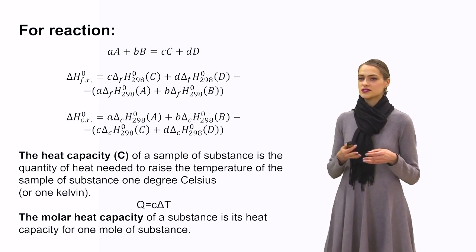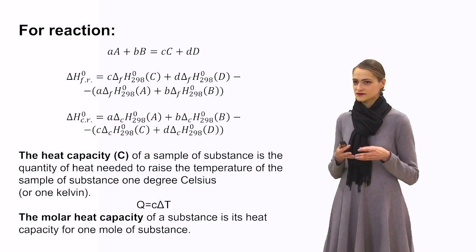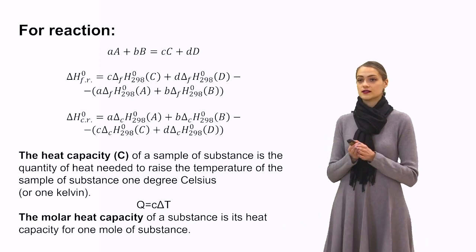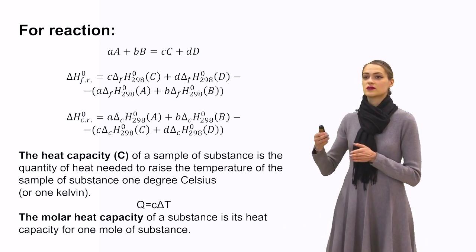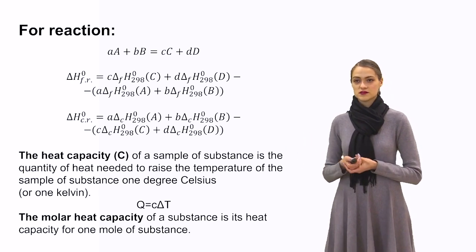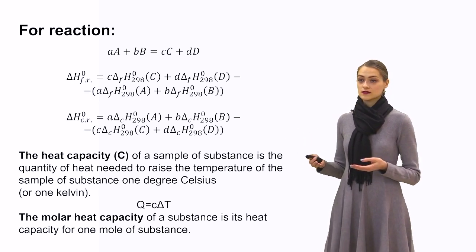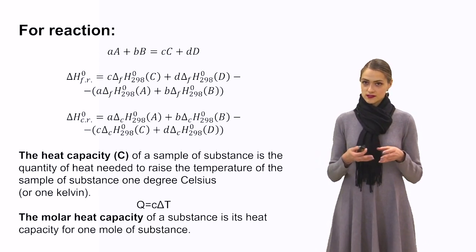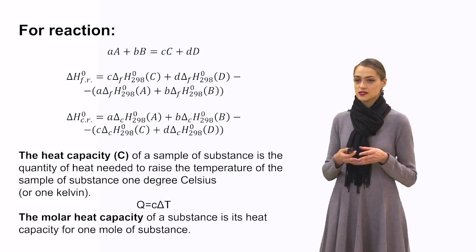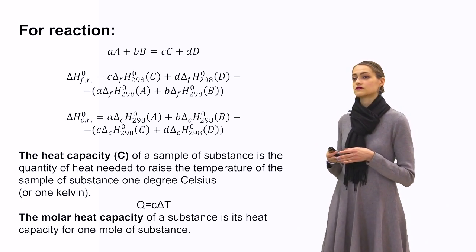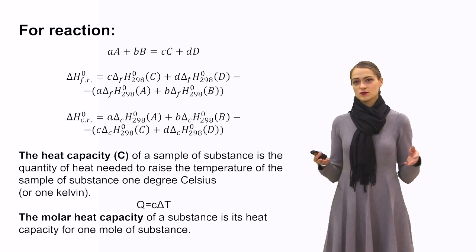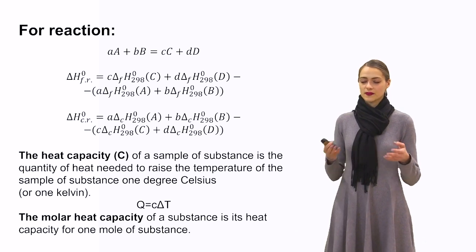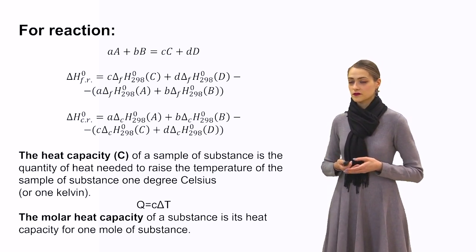You see, we take C moles of substance C and multiply it by the standard heat of formation for substance C, then add D moles times the standard heat of formation for substance D, and then we need to calculate the difference. We take A moles and multiply by the standard heat of formation for substance A, and B moles times the standard heat of formation for substance B. And this will be the heat effect, the standard heat for this formation reaction.